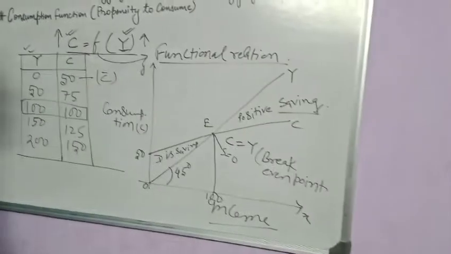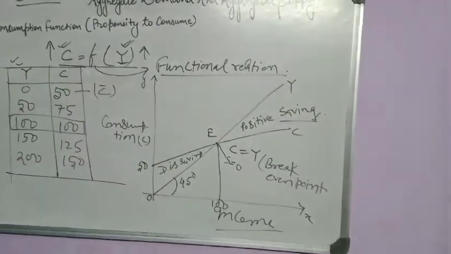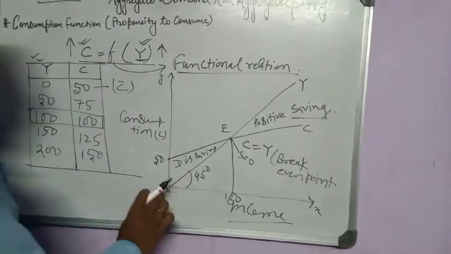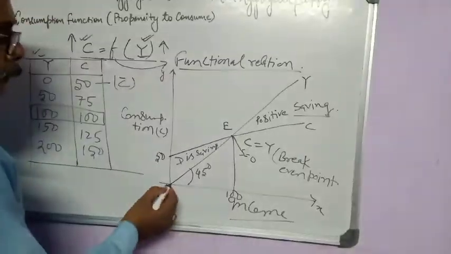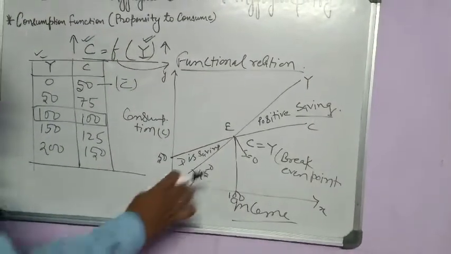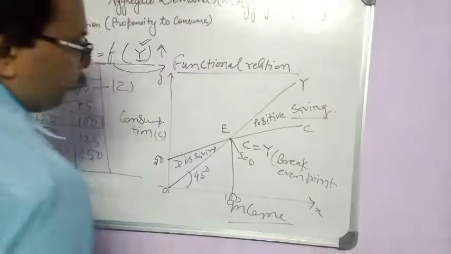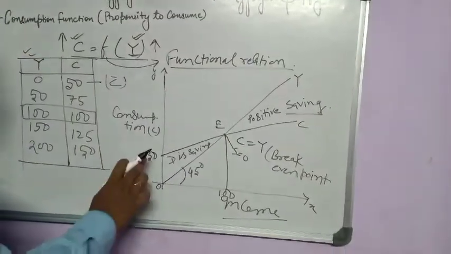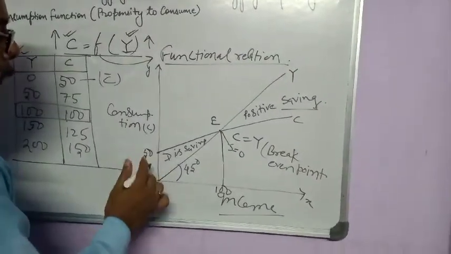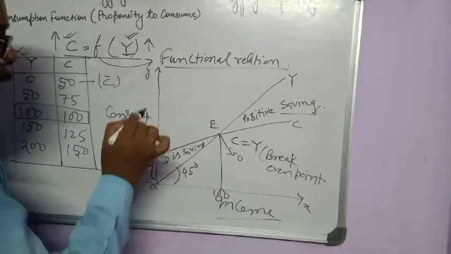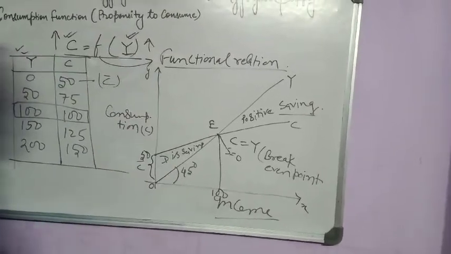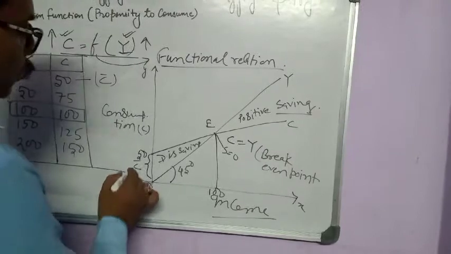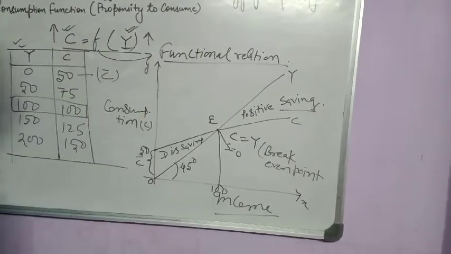Clear? So what you find? You find that the income line always originates from the origin at an angle of 45 degrees. Clear? Second point, the consumption line always starts from the y-axis because consumption will never be 0, and it is known as autonomous consumption.